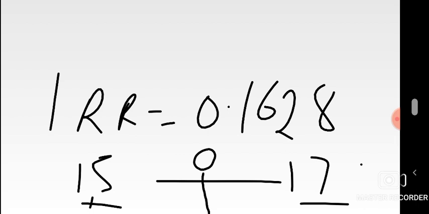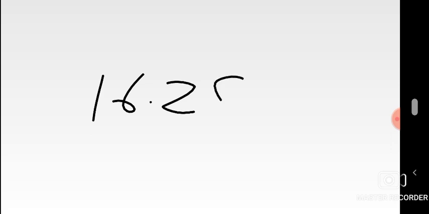We said 15 and 17, so therefore after 15 and 19, it gives us this as our IRR. That's how we estimate it. It's just a matter of trial and error, which might look difficult, but this is the technique we use. Just grasp it like that.